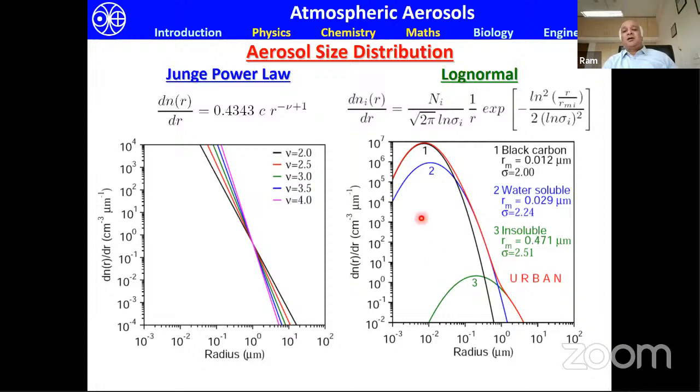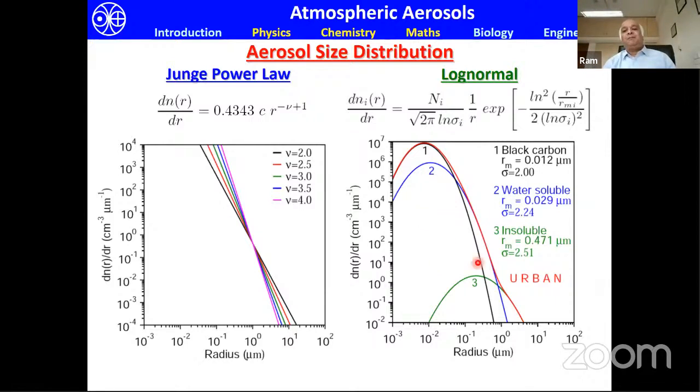So then came what is called the log normal, the normal distribution with a log attached to it. This one has the ability to delineate the contribution from each of the different types that contribute to the population present over a particular region.